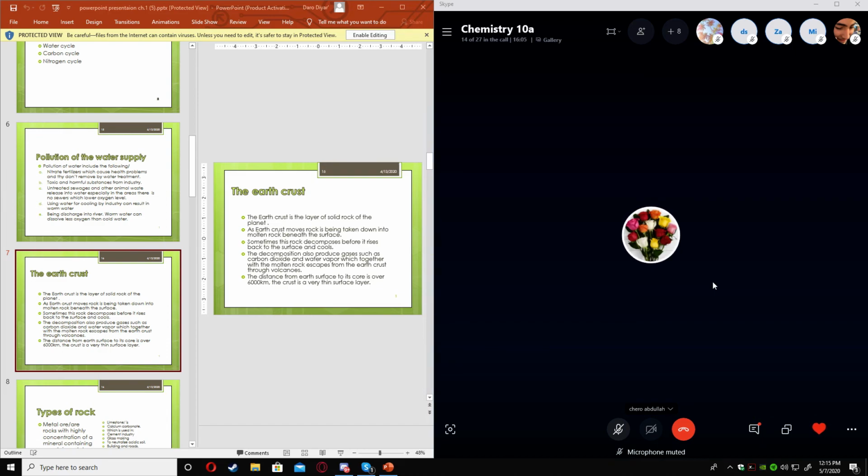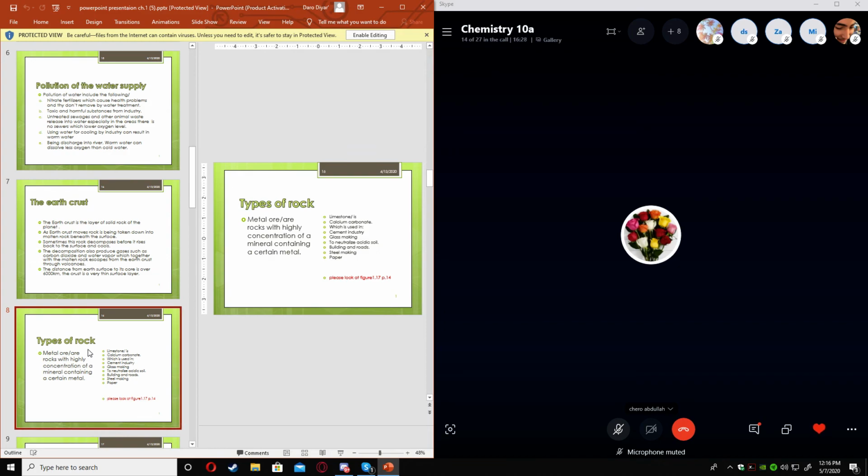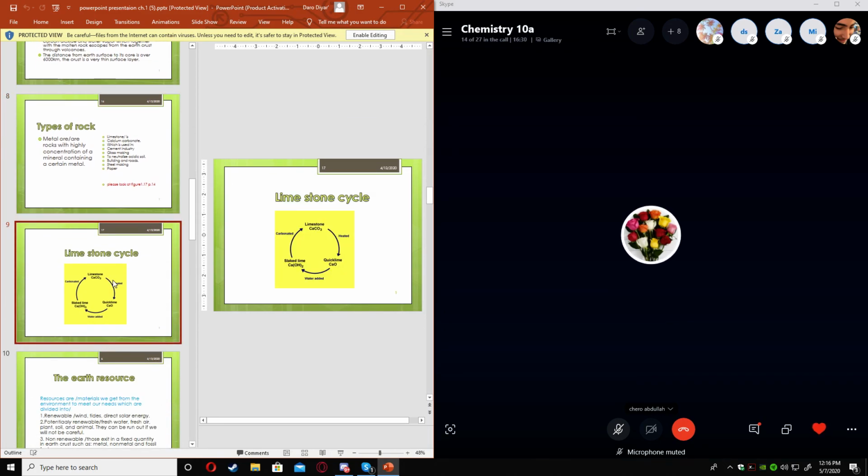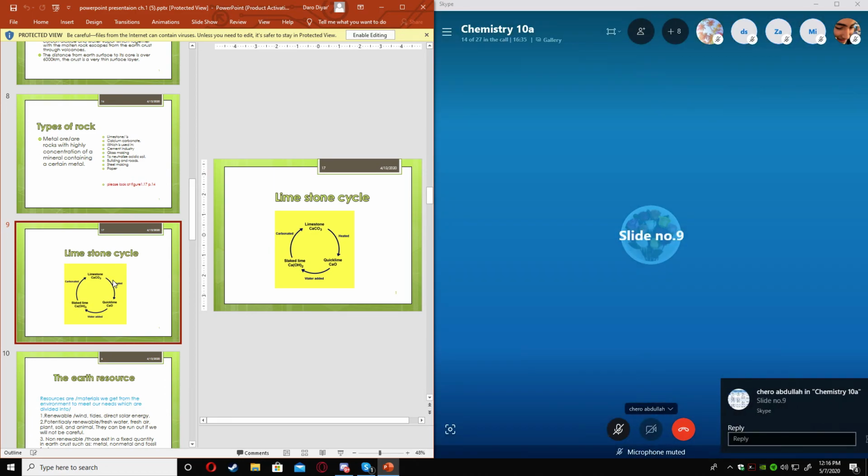Did you get it? Yes, very good, because this cycle is very important and we have talked about it so many times. If you go to your PowerPoint, slide number 9, you have the same limestone cycle.